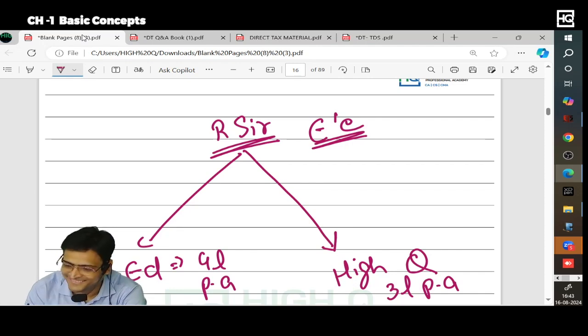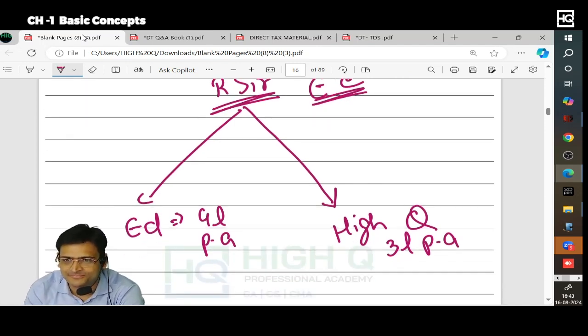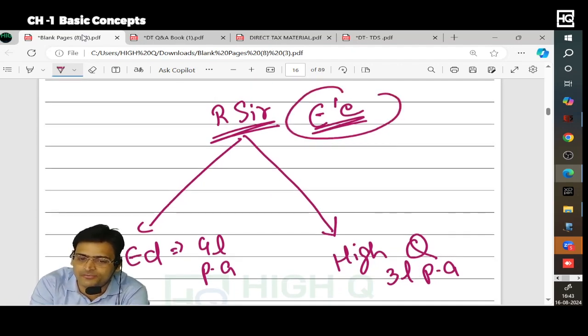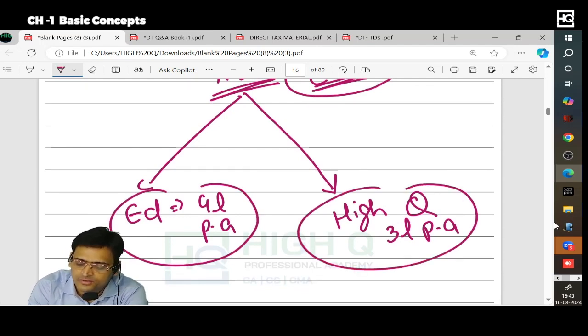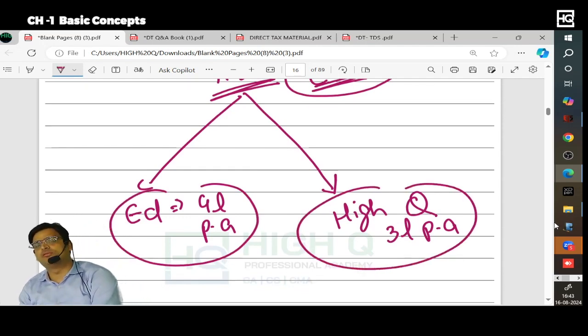Now, my question, how TDS will be deducted when employee is working with more than one employer?